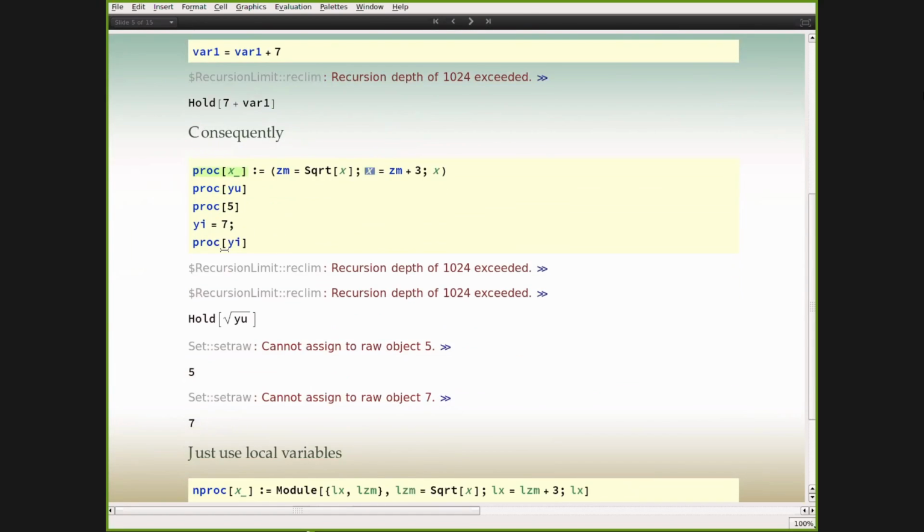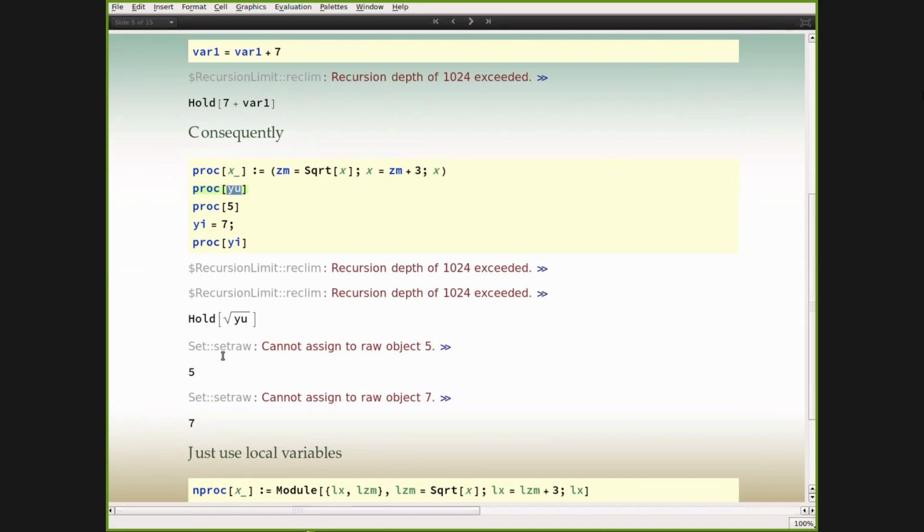For example, when you call the function with some variable u, you obtain the recursion depth error, because x, which is u, appears in 2 definitions on both sides, so the recursion occurs.